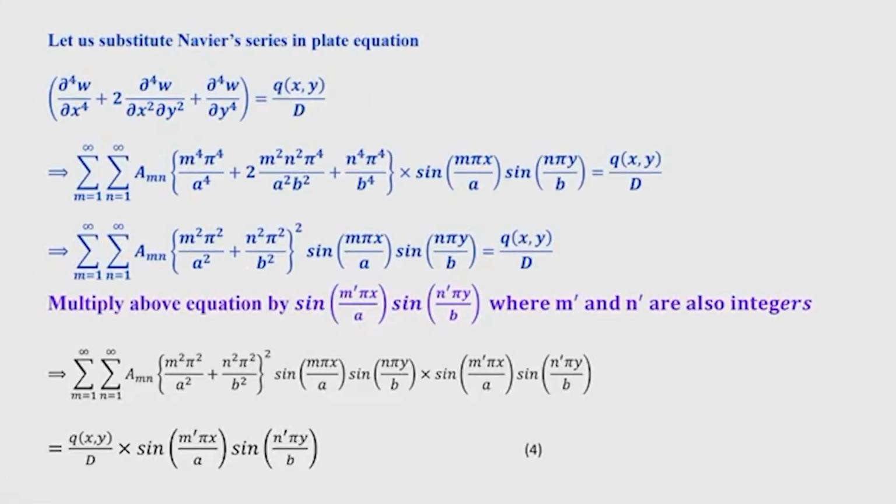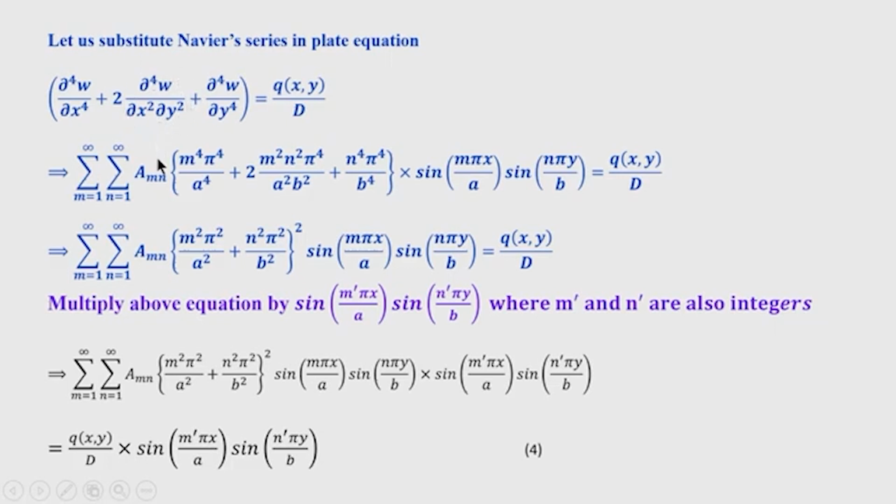So, after differentiating w 4 times with respect to x, we will get del 4 w by del x 4, and differentiating w with respect to y 4 times, we will get del 4 w by del y 4. Then the middle term is del 4 w divided by del x square del y square, multiplied by 2.